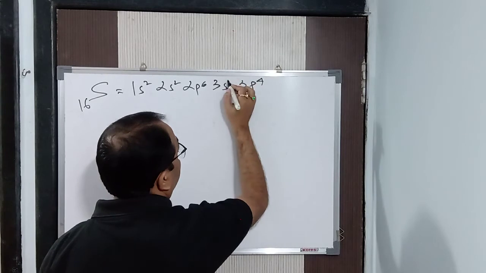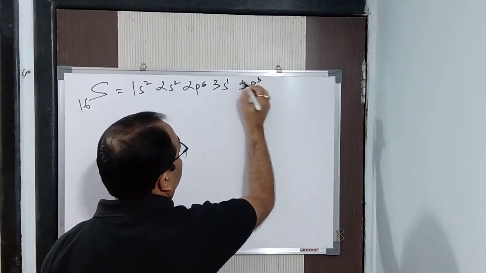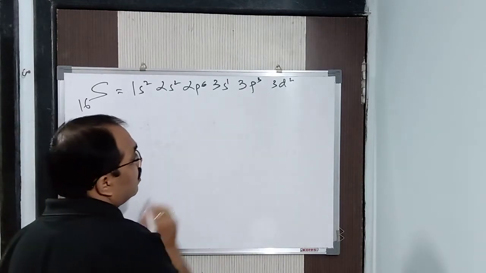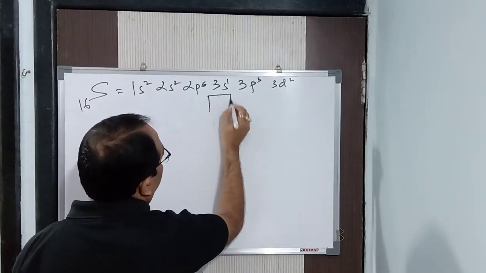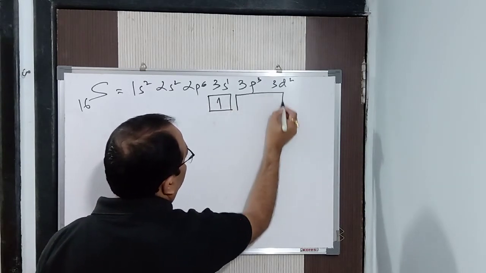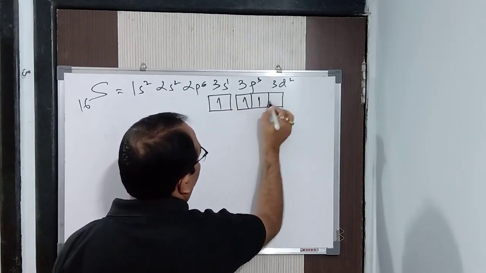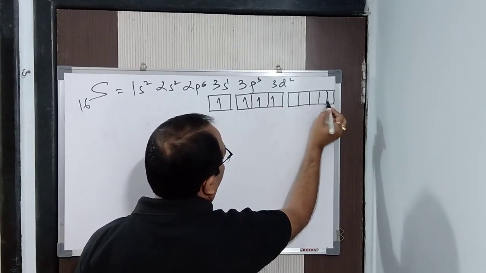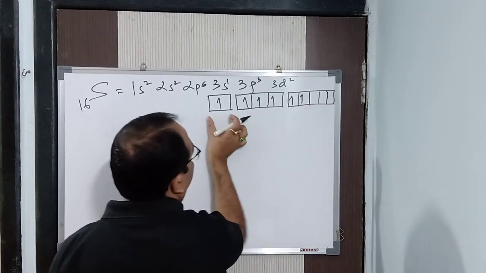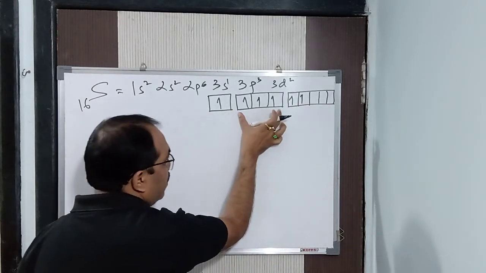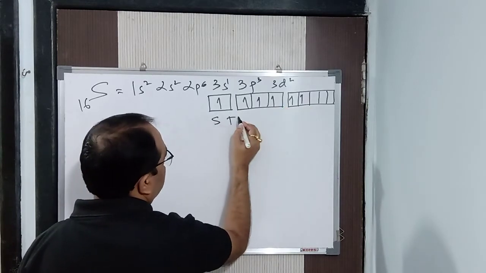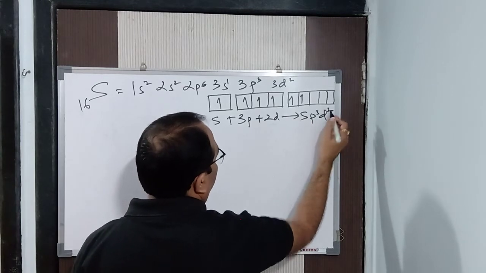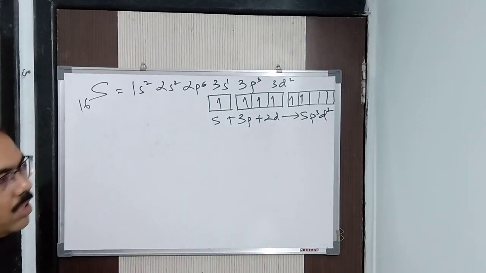So it will be 3s1, 3p3 and 3d2. 3s1 has 1 unpaired, 3p3 has 3 unpaired, and in 3d, out of 5 orbitals, 2 are unpaired. So 1s, 3p and 2d subshells are participating. Hence it is sp3d2.